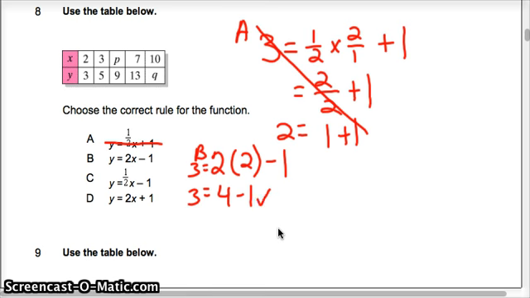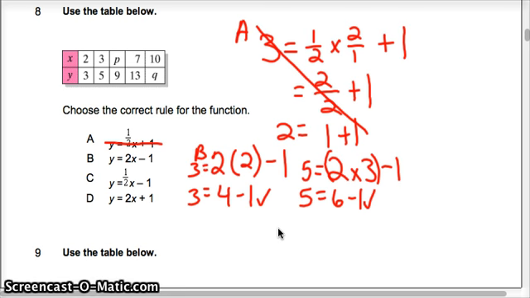That checks out for that one. Let's see if it works for any others. So 3 and 5. I want 5 as my answer. 2 times 3 minus 1. 2 times 3 is 6, minus 1 is 5. That one also checks out.